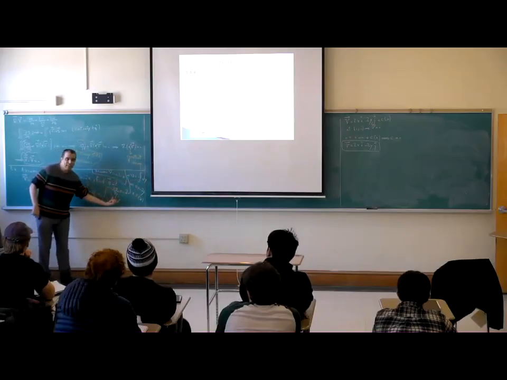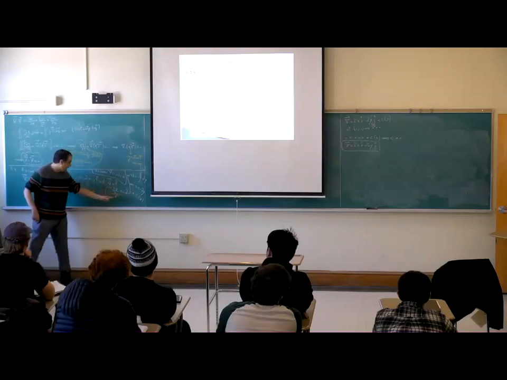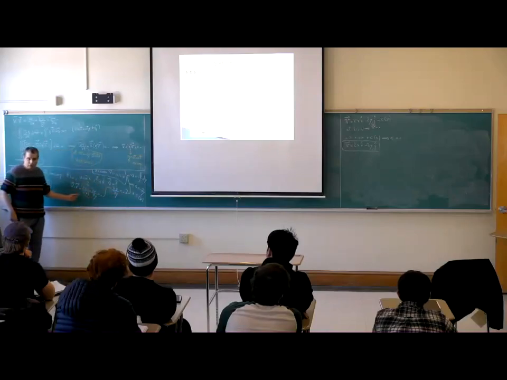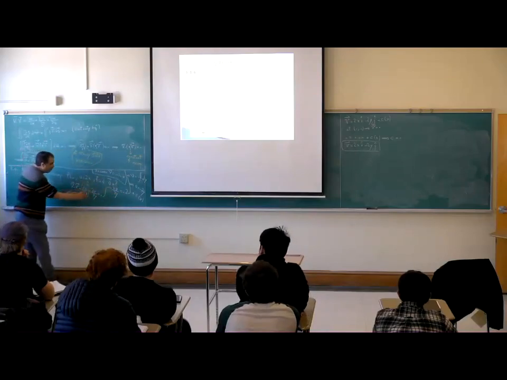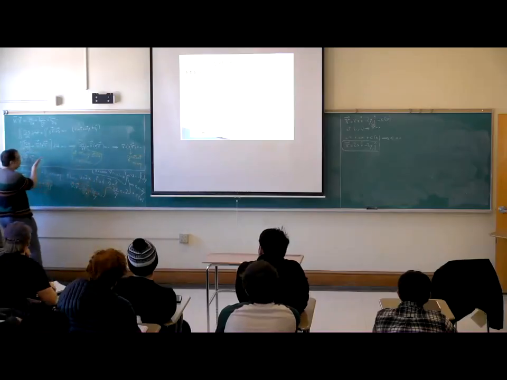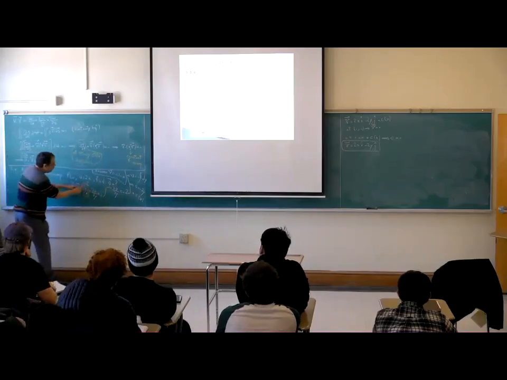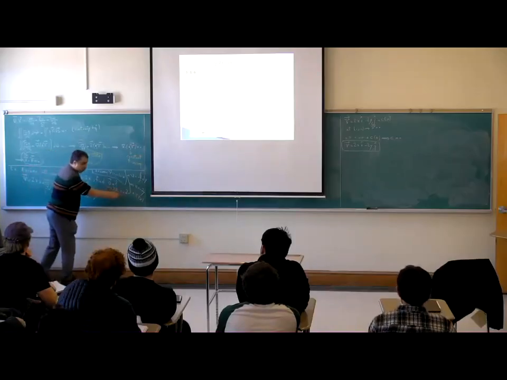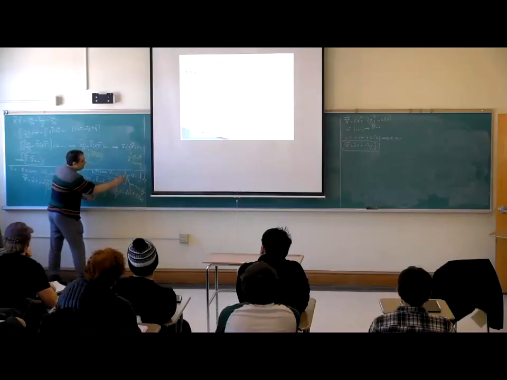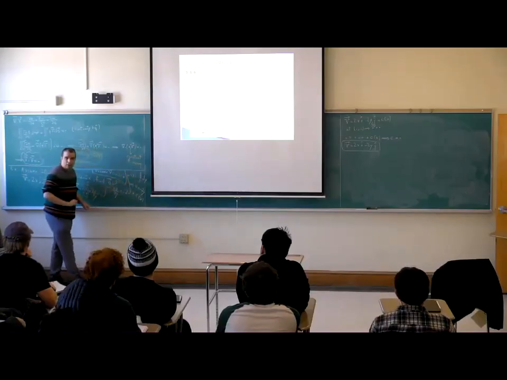I have this equation. Partial v partial y is minus 2. Why? Because I have divergence. Do you agree? I have divergence equals 0 because flow is incompressible. So partial u partial x is 2, partial v partial y is minus 2. So v is equal to the integral of minus 2 dy.